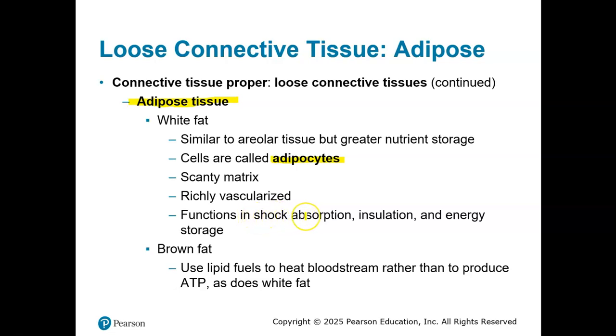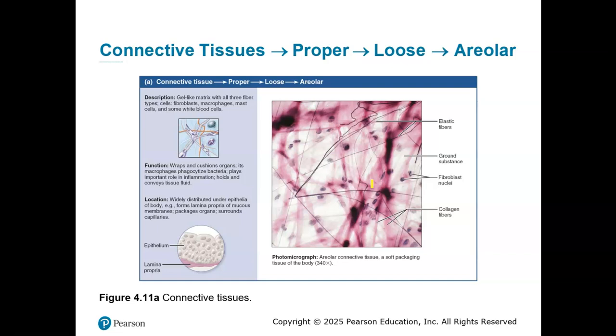It functions in shock absorption, so it gives us padding. It functions in insulation and also storing energy. It is highly vascular. That means it has a large blood supply. And it really doesn't have a lot of matrix. It's not surrounded by a lot of extracellular matrix.